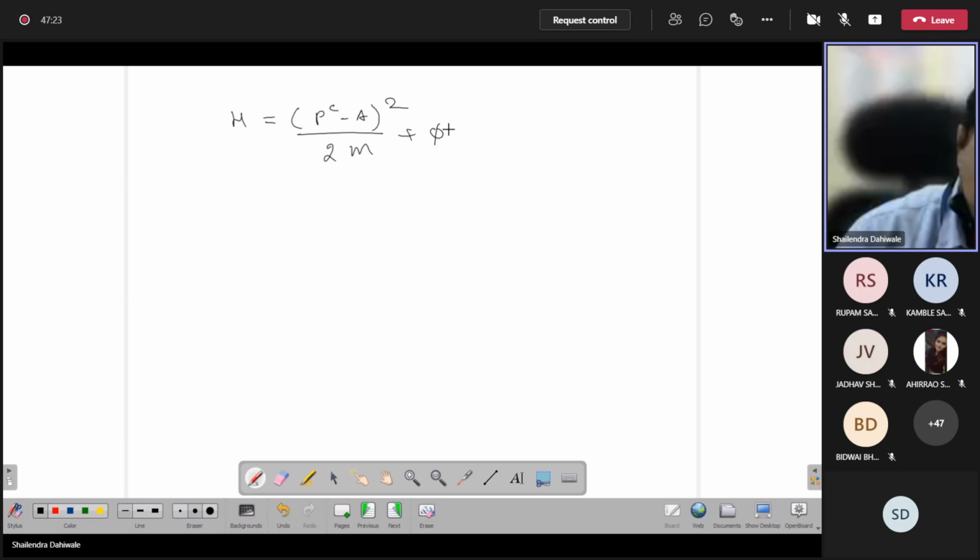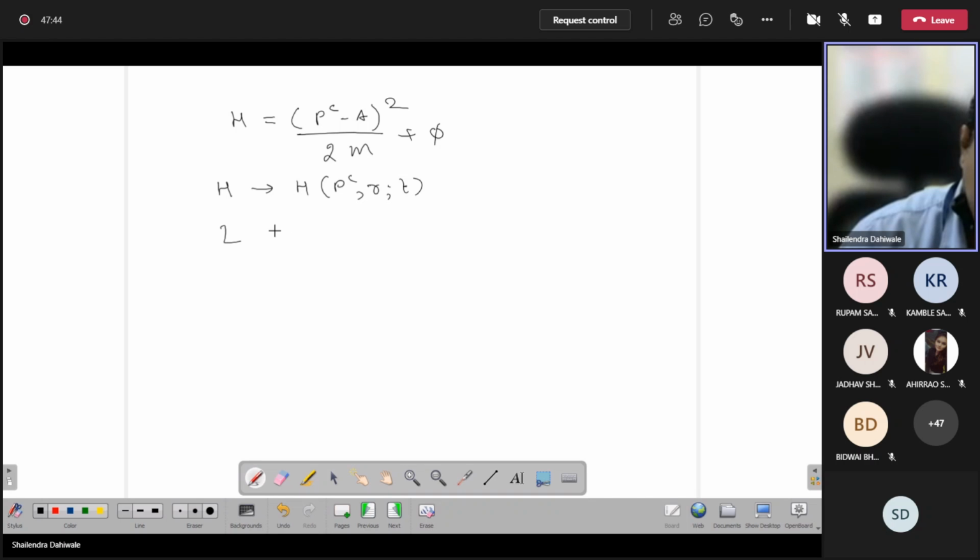So your H is basically a function of canonical momentum and generalized coordinates. If I write it in R form, you can write Q also, R and T.